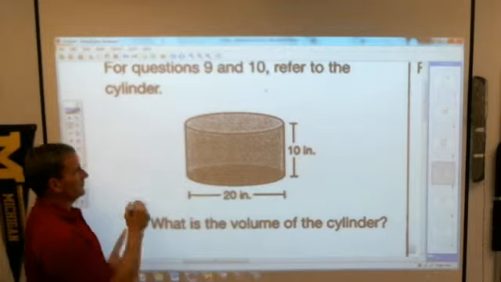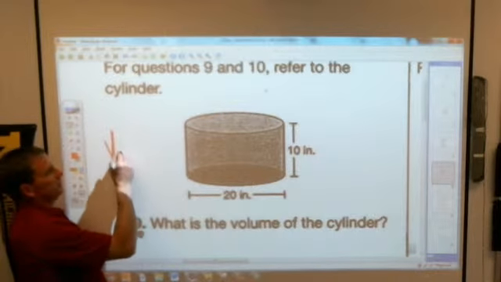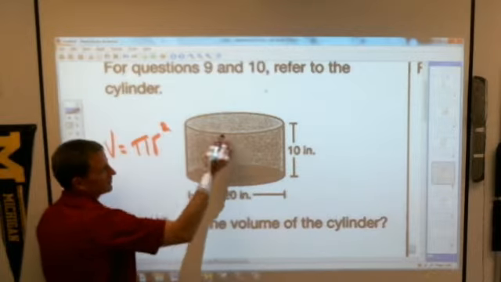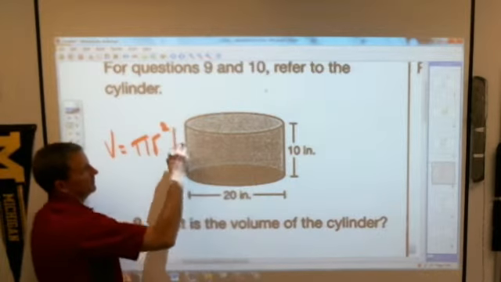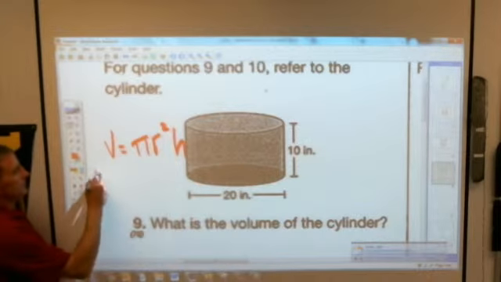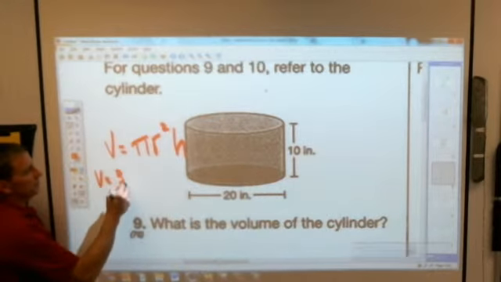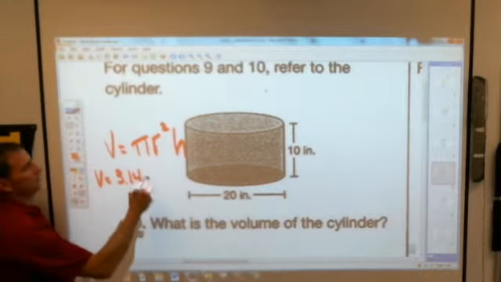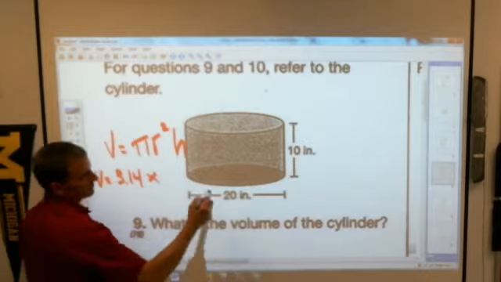Make sure you have the volume of a cylinder written down. What is the volume of a cylinder? Pi r squared, which is the area of the circle, times the height. That's your volume of a cylinder. So volume equals 3.14. Now, does it say to leave in terms of pi? No. Times, what's the radius?